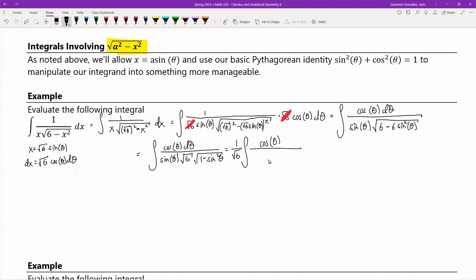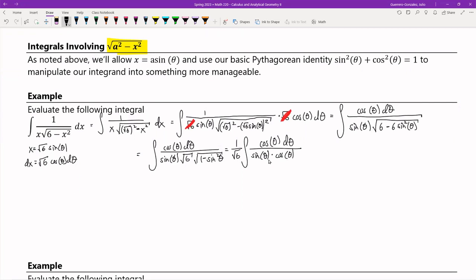Sine theta, the square root of 1 minus sine squared theta, that's going to be the square root of cosine squared theta. So the square and the square root cancel. I get left with times cosine theta. Then I forgot a d theta on top.